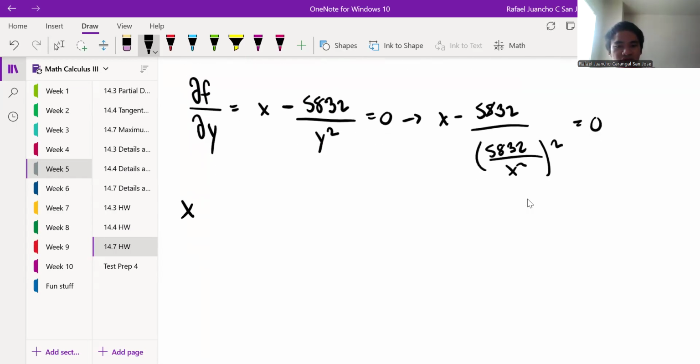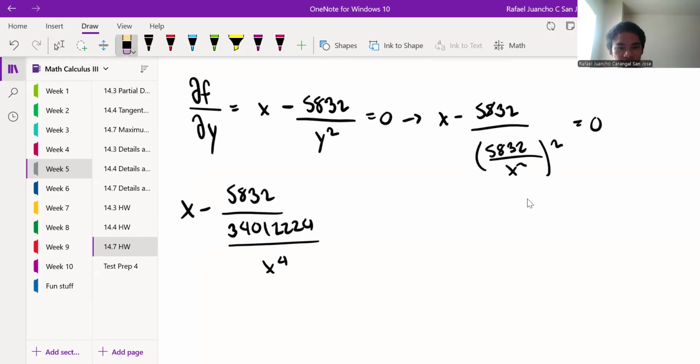And then from there, I actually just get 5 minus 583. Or wait. Let me compute it here in one go. This is 5832 squared. Okay, I got that thing. 34012224 over x to the fourth.